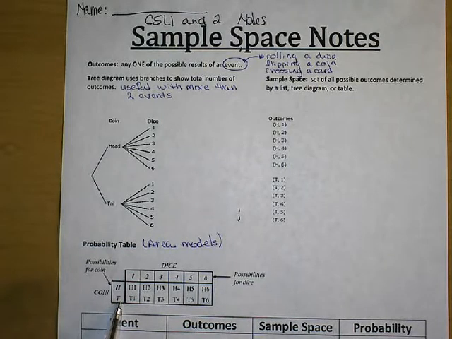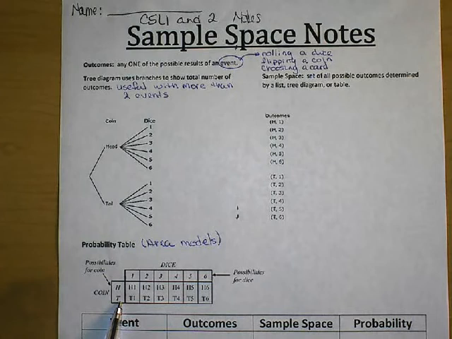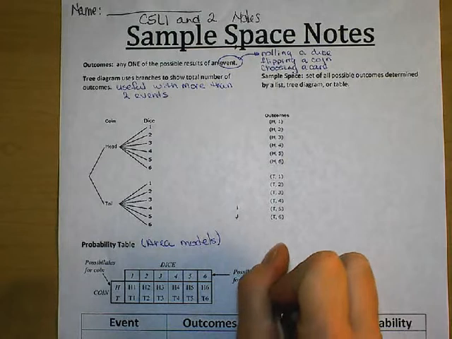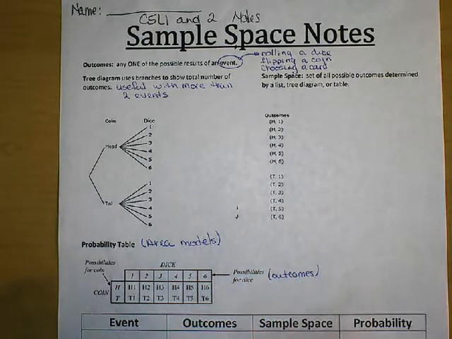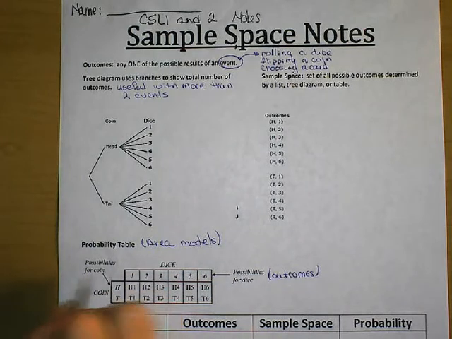You can also create a probability table, which is much like a multiplication table. If you notice, they have the outcomes for the dice. They also have the outcomes for the coin.